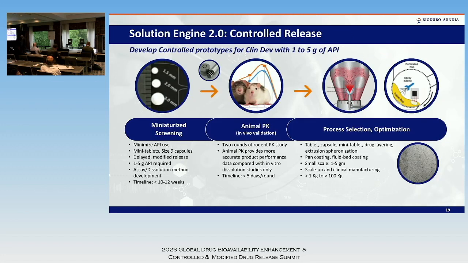When it comes to controlled release applications, when you are working with a peptide, a protein, and you have only just a few milligrams of the drug at these early stages of development, one way to do it is, of course, putting the drug in a capsule and then coating the capsule. Unfortunately, many of these capsules are not going to be fully filled.